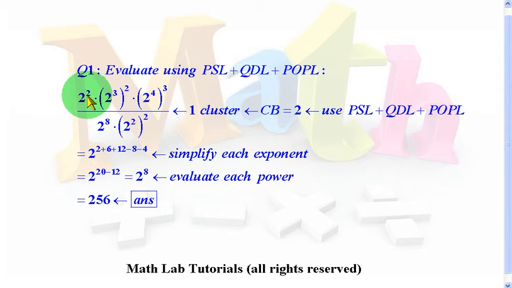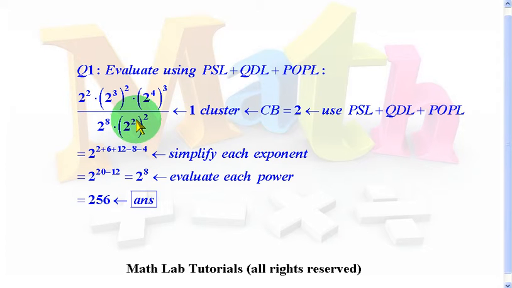Over here, we scan the numerator first. We pick up a 2, drop it down, and then we have 3 dot 2. That's power of a power law. And we drop it down to 6. And we have 4 dot 3, which is 12. Drop it down. Then we have 8, but because it's on the bottom, it becomes minus 8.